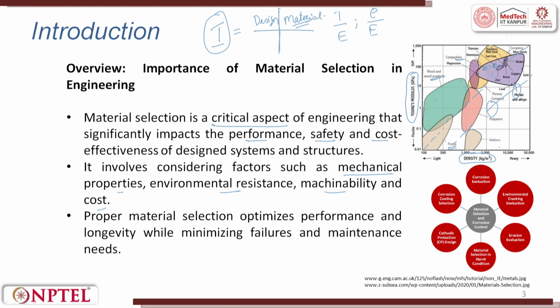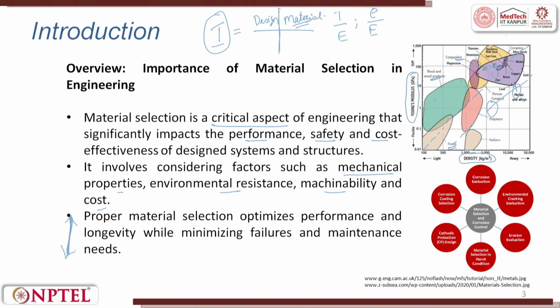You can also have castability, malleability with respect to cost, with respect to density. All these parameters you will have, right. A proper material selection optimizes performance and longevity while minimizing failure and maintenance needed. So, this is where selection of materials is very, very important.